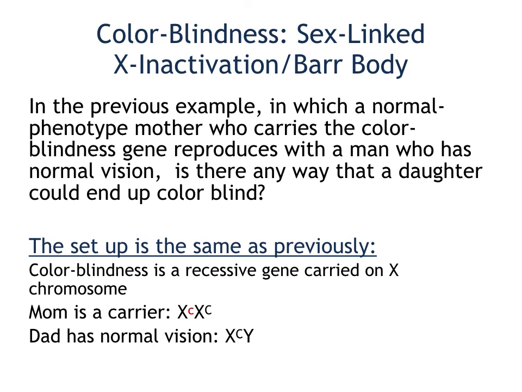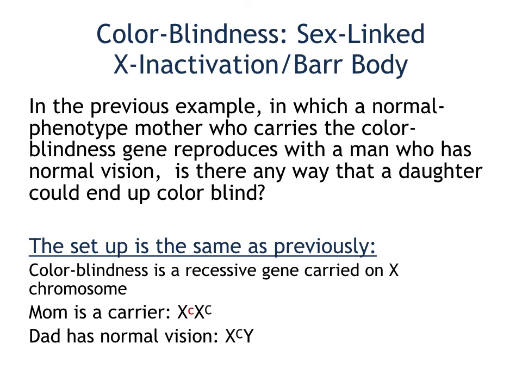This is when we want to consider X-inactivation, or what you've learned as being called the bar body, and considering this with sex-linked conditions. So in this previous example, in which we had the normal phenotype mother who was a carrier for the color blindness gene, mating with a normal man, is there any way that the daughter could end up colorblind?